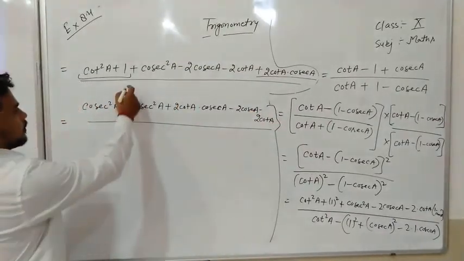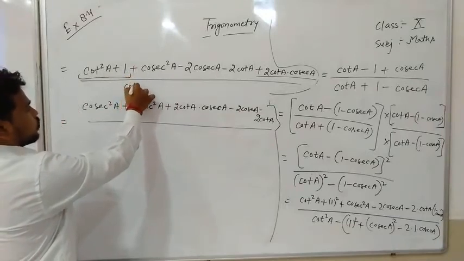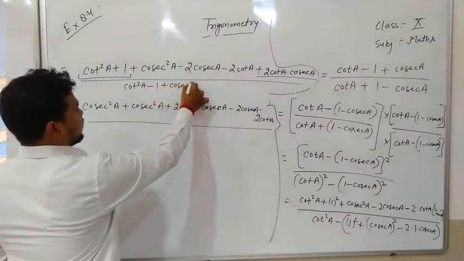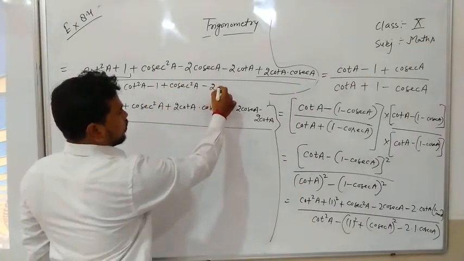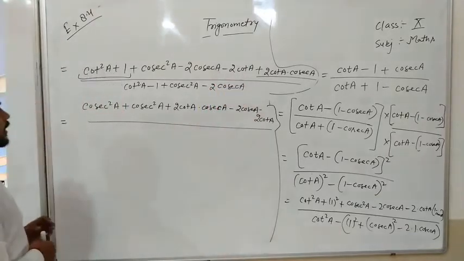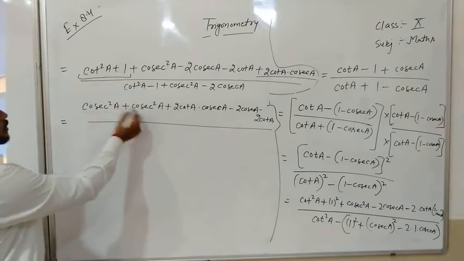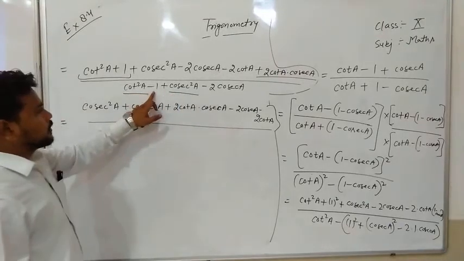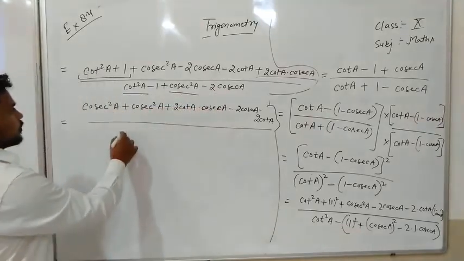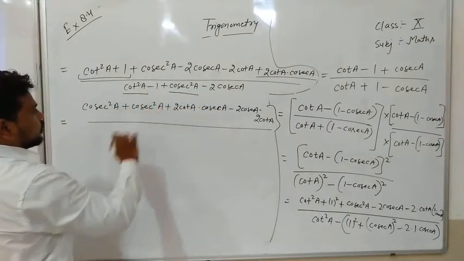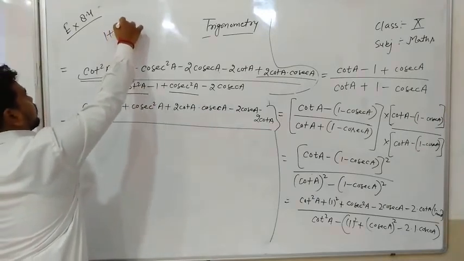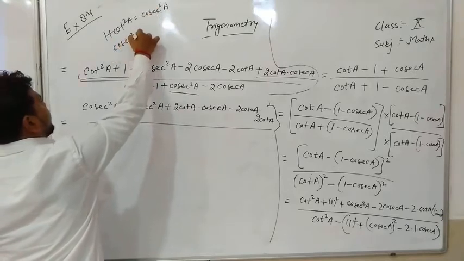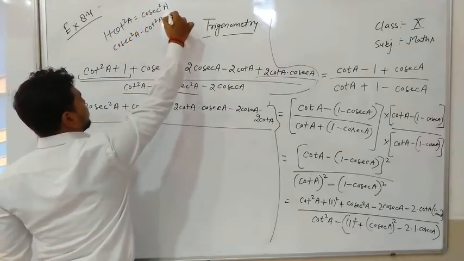Now in the numerator of that part, that is cot square A minus 1 plus cosec square A and minus 2 cosec A. Now here it is 1 plus cot square A is equal to cosec square A, so here it is cot square A plus cosec square A minus 1 minus 2 cosec A. And see, 1 plus cot square A is equal to cosec square A, and cosec square A minus cot square A is equal to 1.